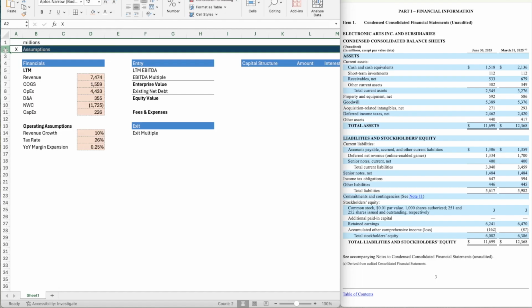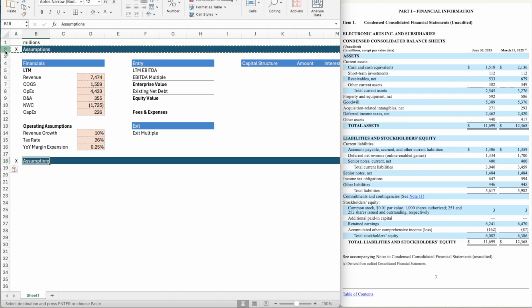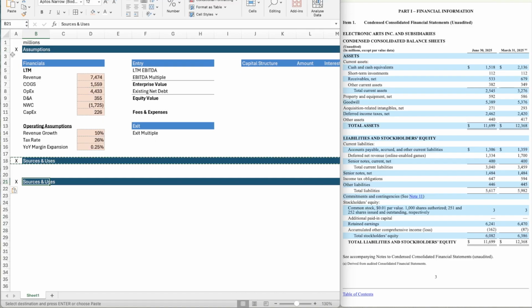Okay, let's just do the revenue build first. But before we do that, let's have another section called sources and uses, but we can't fill this out yet because we don't know the terms. We'll make more space for that in a second. But we go financials now.